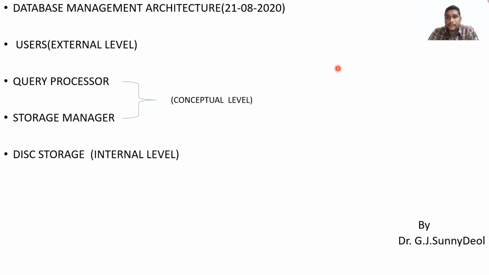Interface is an indirect communication between two persons, whereas interaction is a direct conversation between two persons. If I am a person dealing with the DBMS subject in your class, that is direct communication.